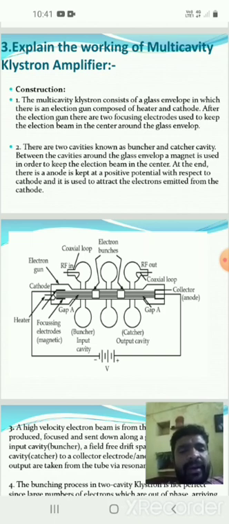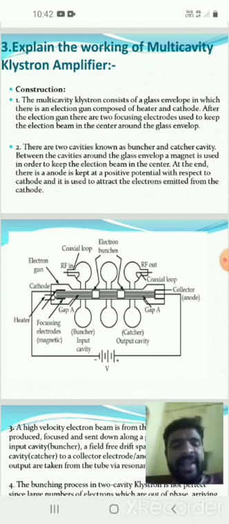At the end, we keep the positive potential anode. At the left side we use an electron gun, and at the right side we use a collector anode, and in between we use the buncher cavity and catcher cavity.